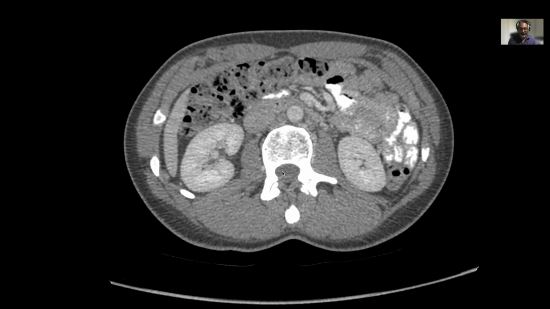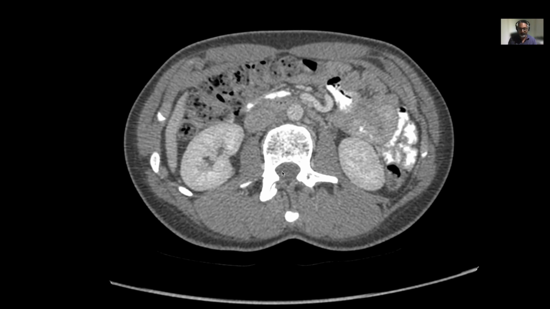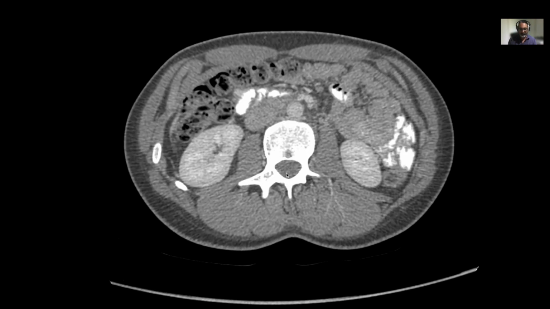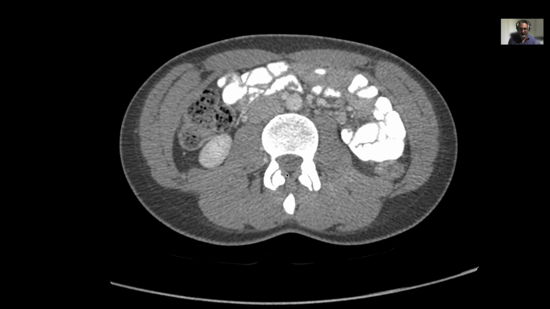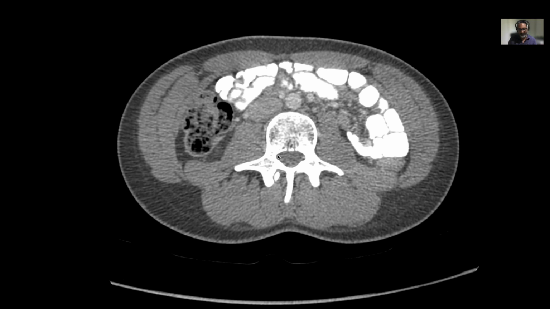So that's your typical thoracic vertebra. But when you come to your lumbar vertebra, the bodies become larger as you go further down. The bodies become larger, but the rest of the concept is again the same. There's your pedicle, there's your lamina, there's your transverse processes, there's your spinous processes.